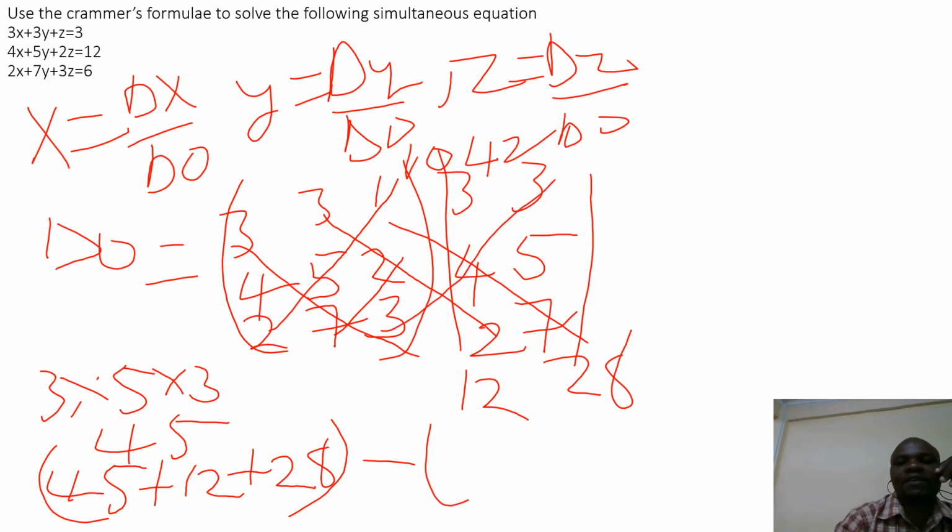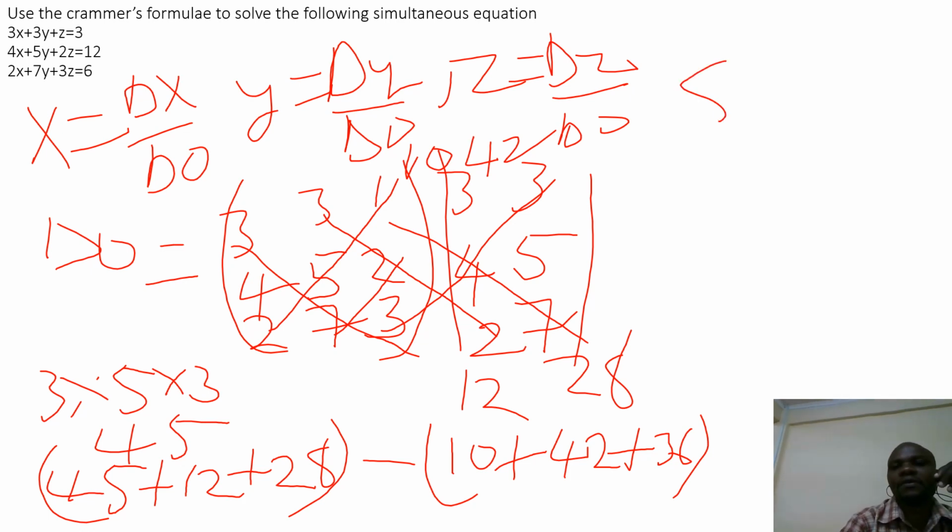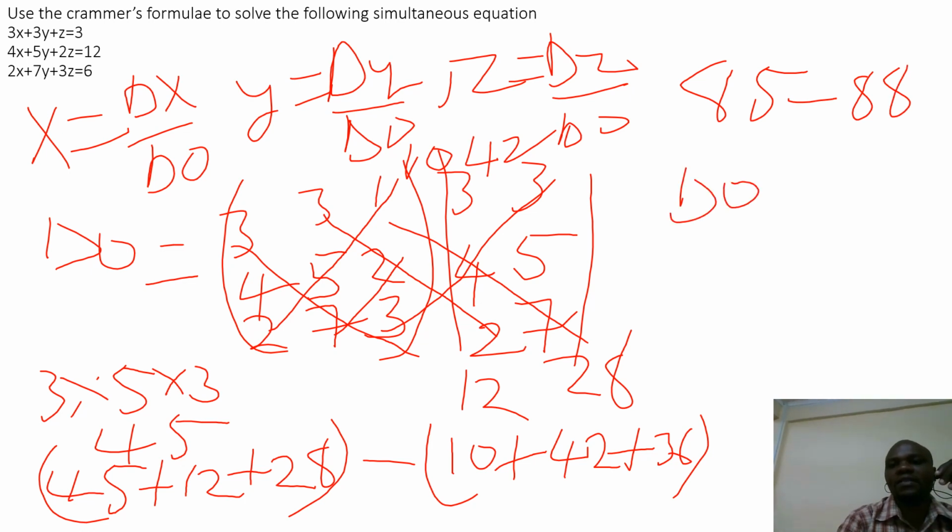So here I'll have 10 plus 42, then plus 36. If I add this, I'm going to have 85 minus the other one. If I add, I'm going to get 88. So my do is equal to negative 3.